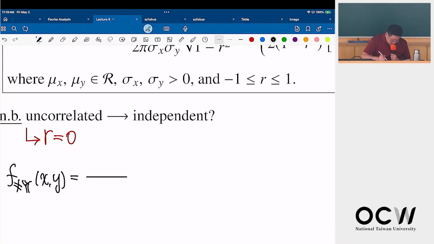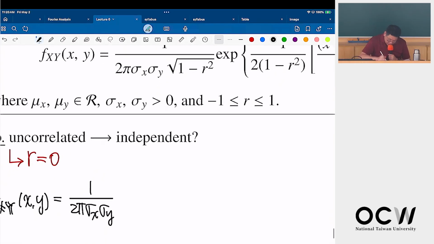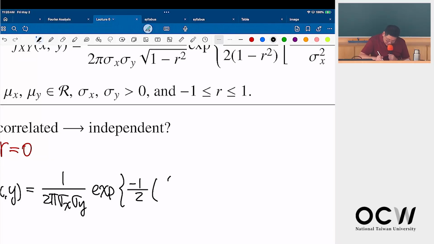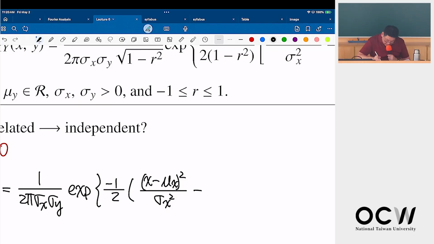the joint PDF as 1 over 2 pi sigma x sigma y times exponential of minus 1/2, here I have x minus the mean squared divided by sigma squared, the variance, and then y minus the mean squared divided by the variance.